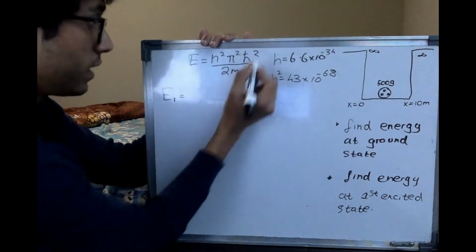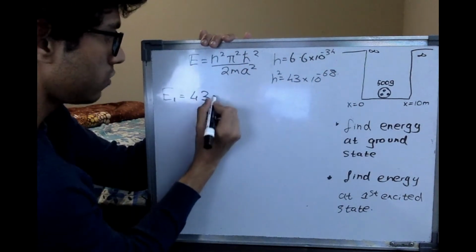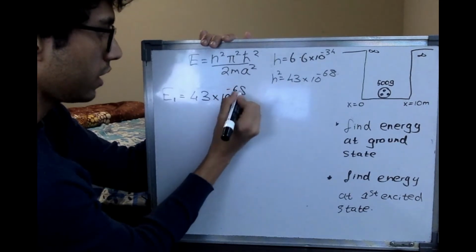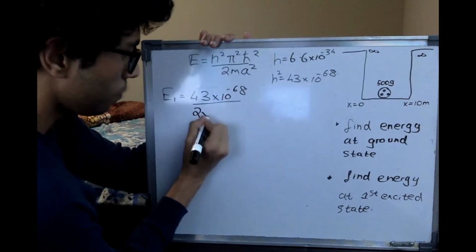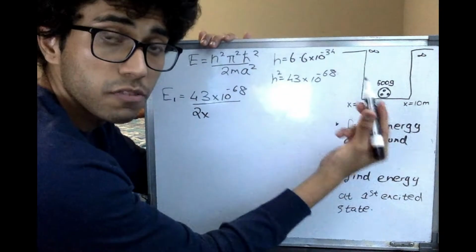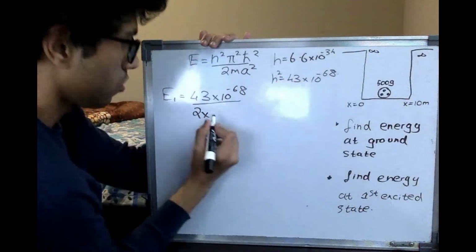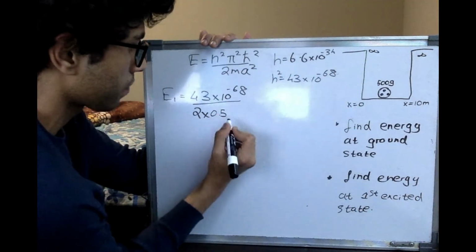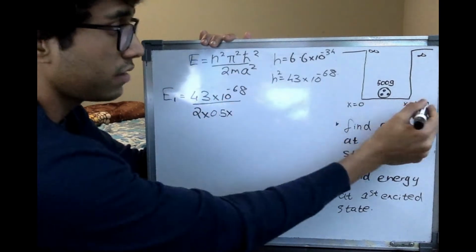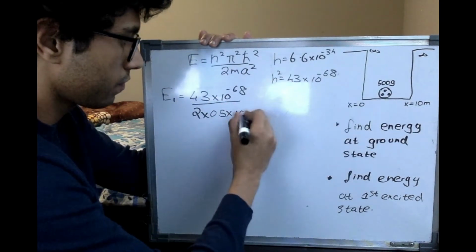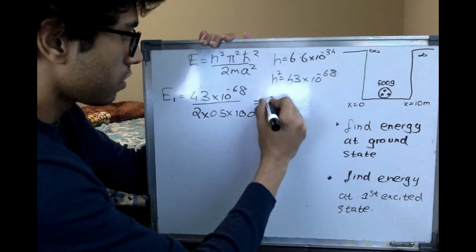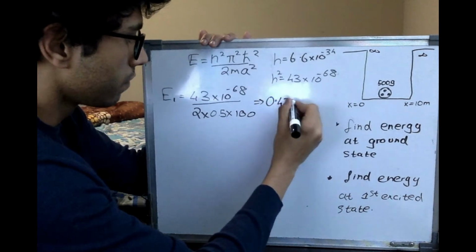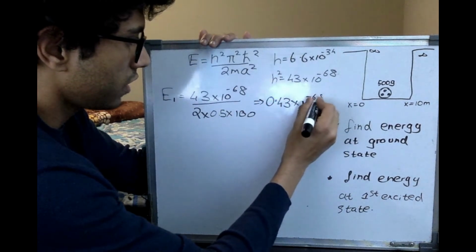So my E1 will be h square, that is 43 times 10 to the power negative 68, over 2 times the mass in kilograms, since we are using SI units here, so 0.5 times a square. A is 10 here, so times 100. This will give me 0.43 times 10 to the power negative 68 joules.